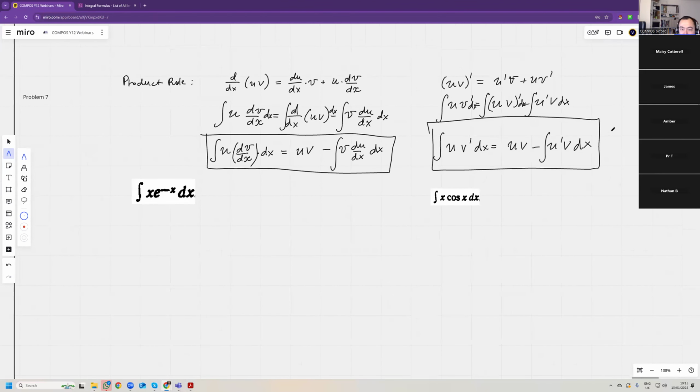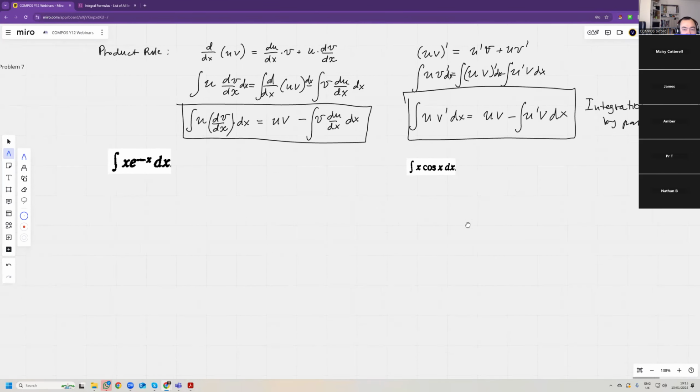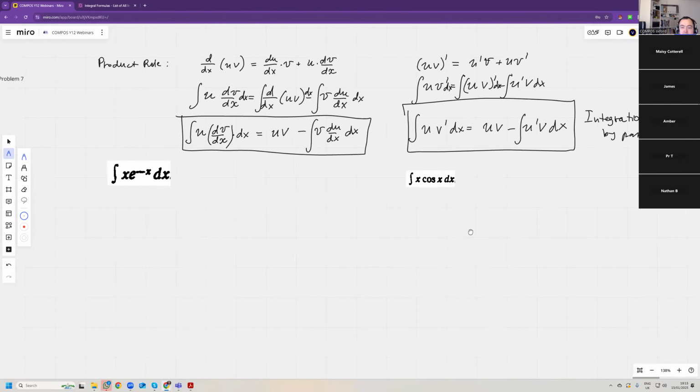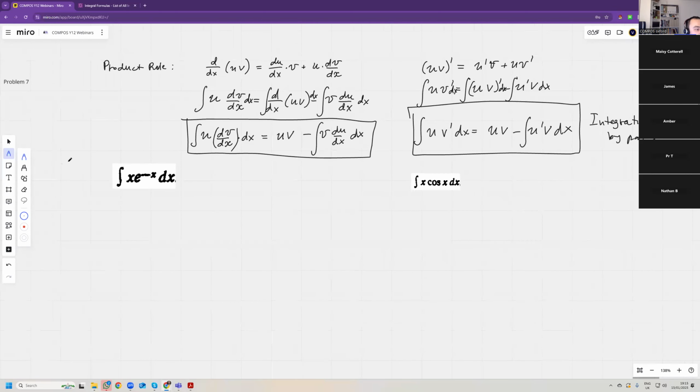Integration by parts. So the hardest part is to decide which one is u, which one is v. And I do trial and error.